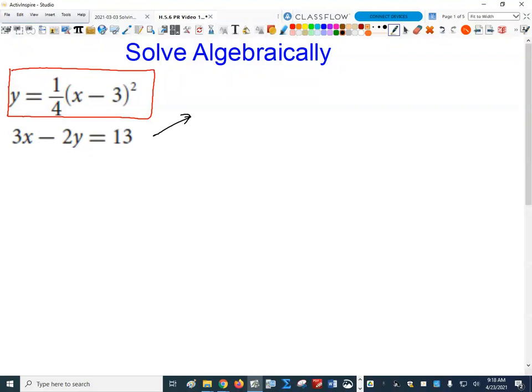So this equation is then going to become 3x minus 2 times y. So everything, we're going to replace the y with the quantity 1/4 times x minus 3 quantity squared. And all of that is equal to 13. And now we're just doing algebra, right? What do we do next here?